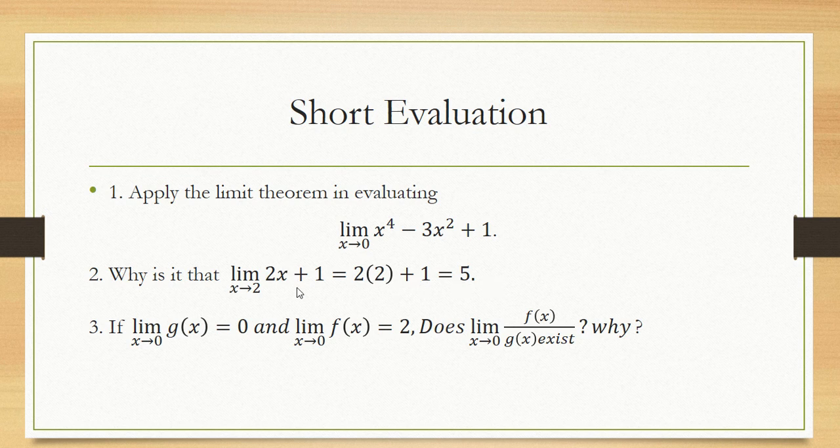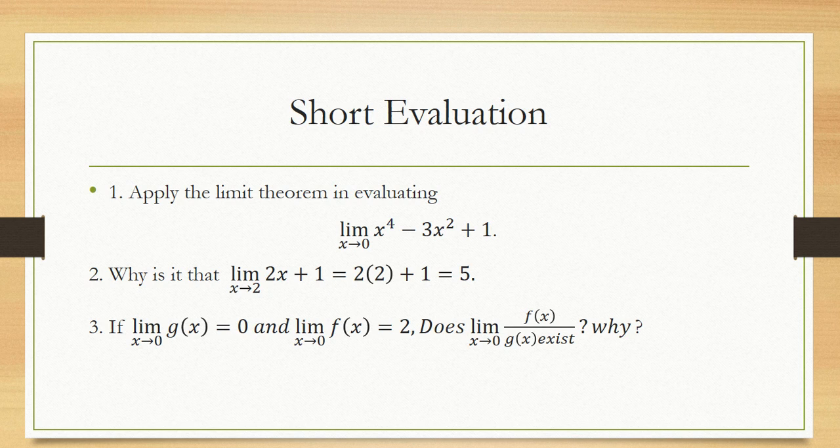Because the limit of f of x is equals to, because the limit, the function, by substitution, f of 2 is equals to, ang f of x kasi natin dito ay 2x plus 1. So therefore, ang f of 2 ay 2 times 2 plus 1, which is 5.